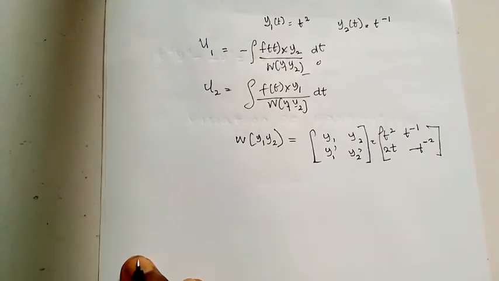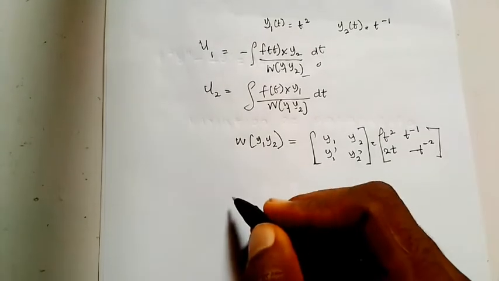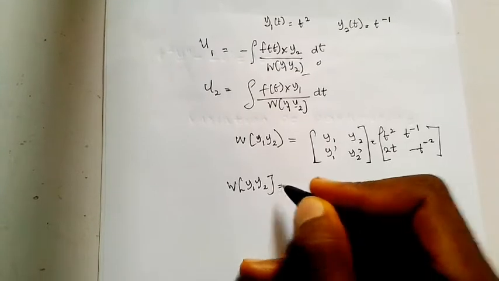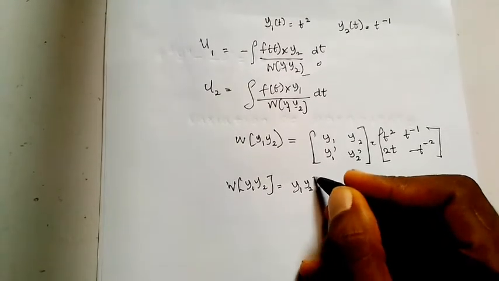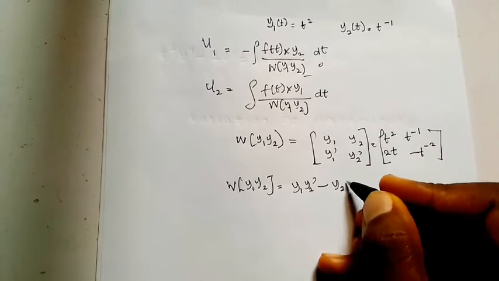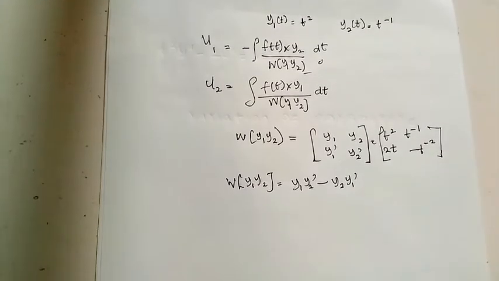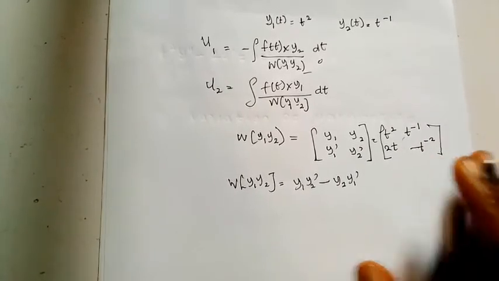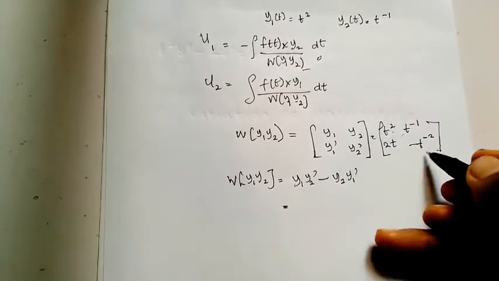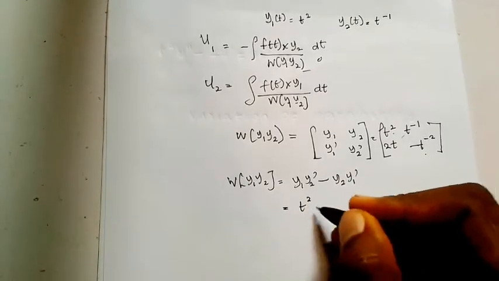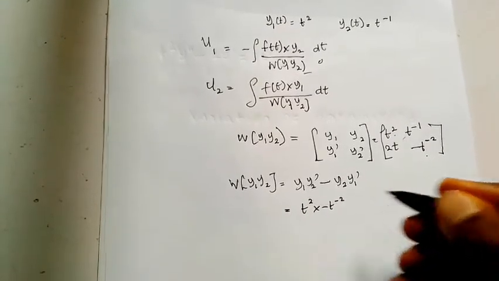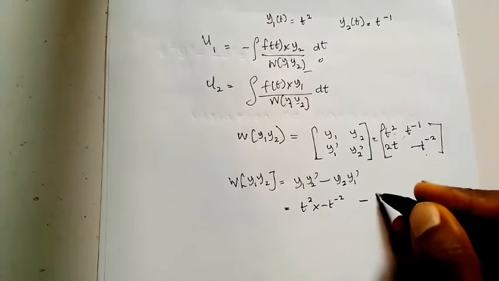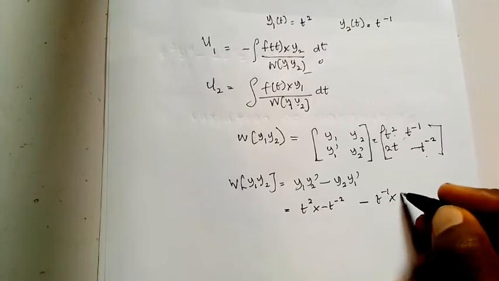So the Wronskian of two solutions says that the Wronskian of y1, y2 is equal to y1 y2 prime minus y2 y1 prime. So we're going to be applying this, that is finding the determinant of this 2 by 2 matrix. We have t squared times minus t raised to power minus 2, minus t raised to power minus 1 times 2t.